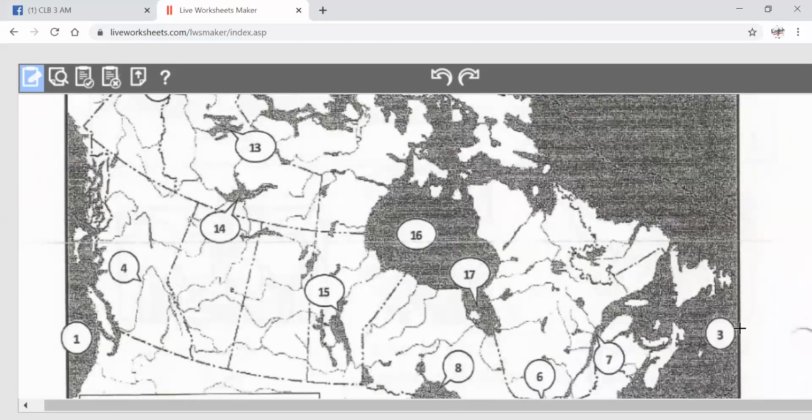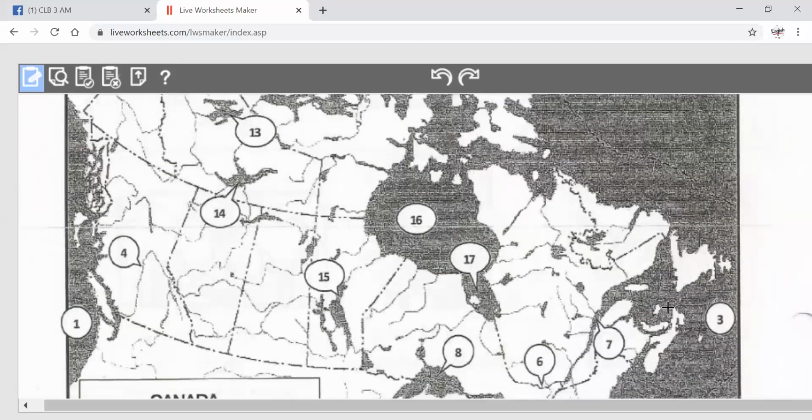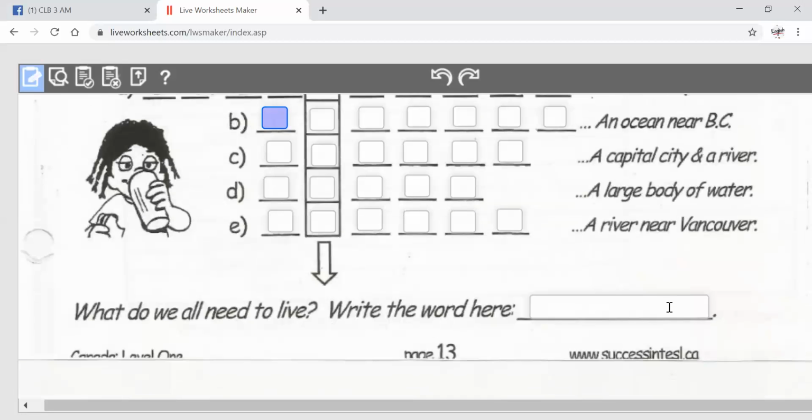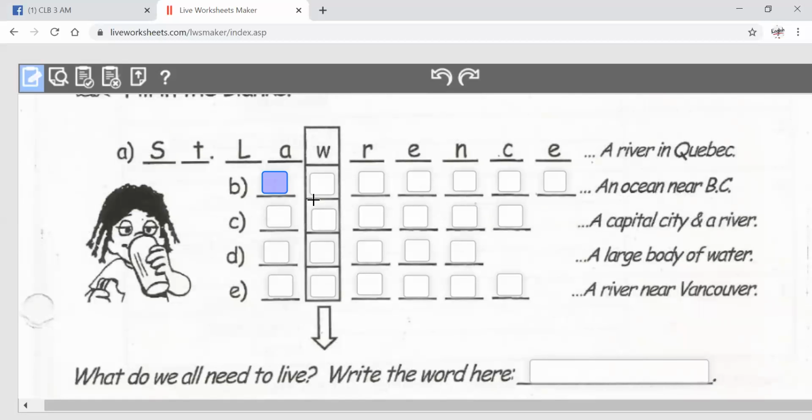You have to find this on the map. And you know Vancouver is in British Columbia. And after you finish, you're going to write the word that you get here. Okay, there's a word with 5 letters, 1, 2, 3, 4, 5. And you're going to write the answer here.